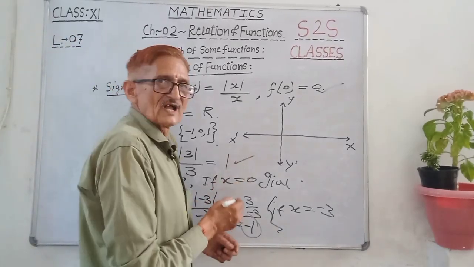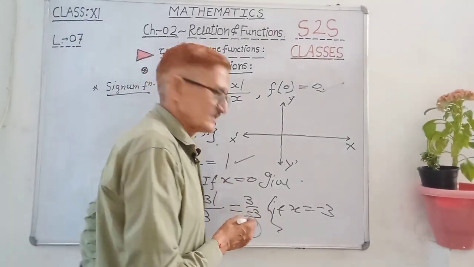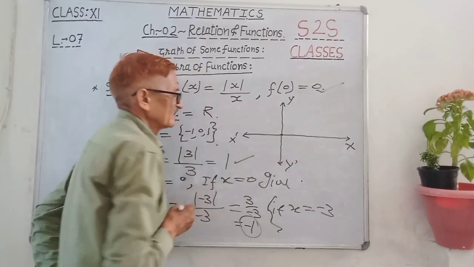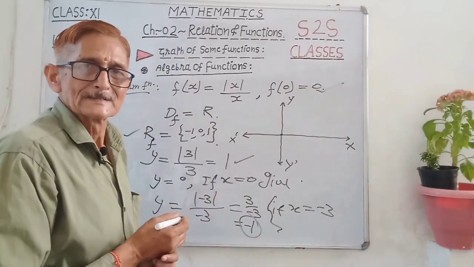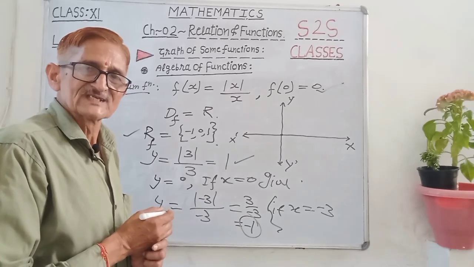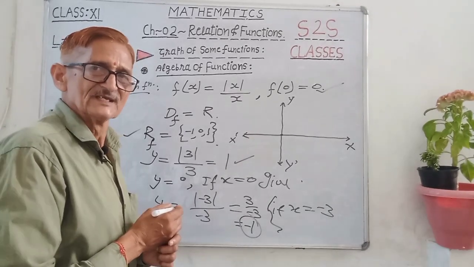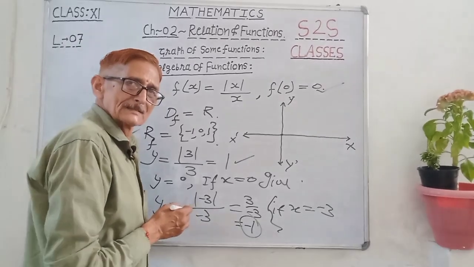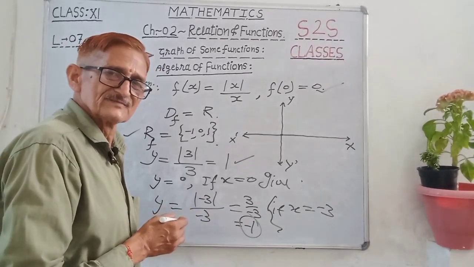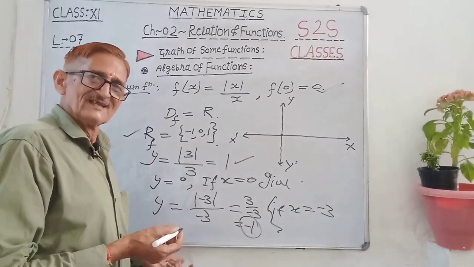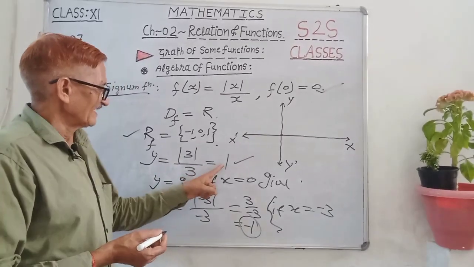Now how can we draw the graph? If x is 0, y is 0, here, this point, dark. After that, if x is 1, y is 1 upon 1. If x is 3, then also 1.